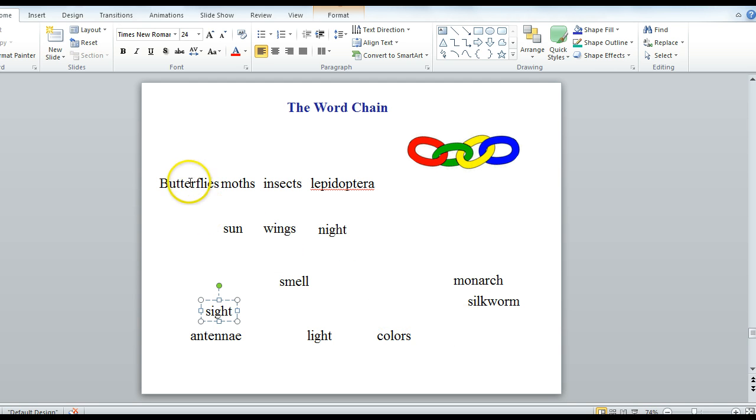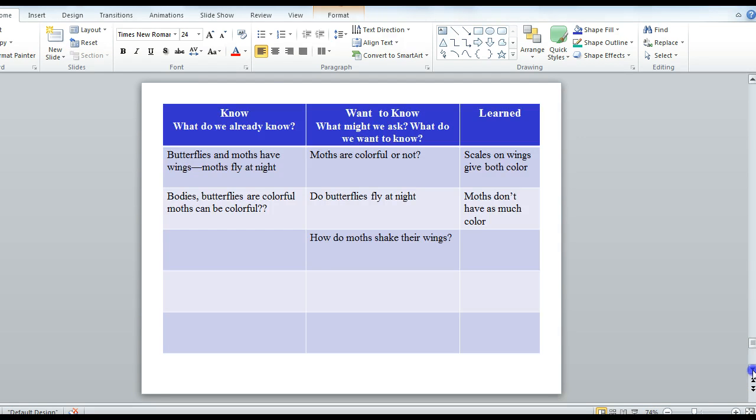So I could also say that butterflies use their wings in the sun to get warm, and moths shake their wings at night to get warm, and I could make a chain like that. So word chains are just a level up from a word sort, in that you are using your knowledge to make more extended connections, and as I said, a good model for retelling.